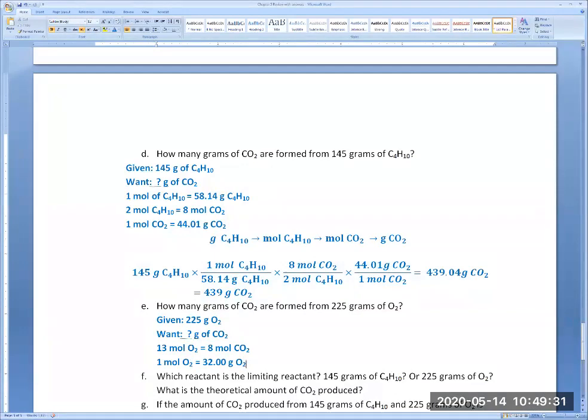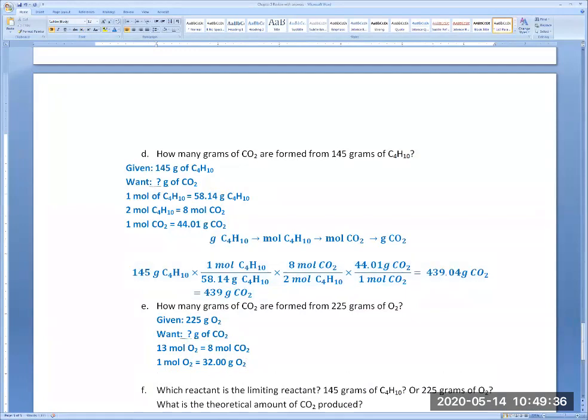And so we need the molar mass of oxygen to change the grams of oxygen to moles of oxygen. Then we will use the 13 moles of oxygen gives 8 moles of CO2 to change the moles of oxygen to moles of CO2. And then the question is asking for grams of CO2. So after that, we will need to change the moles of CO2 into grams of CO2. And we already have the molar mass above here. It's this 44.01 grams, right?